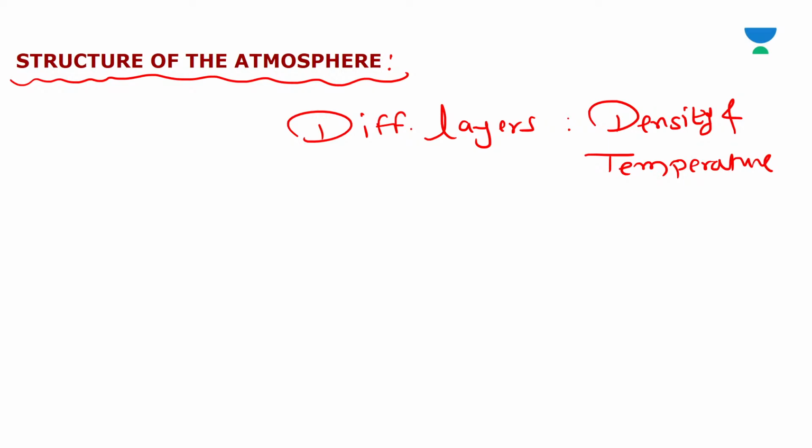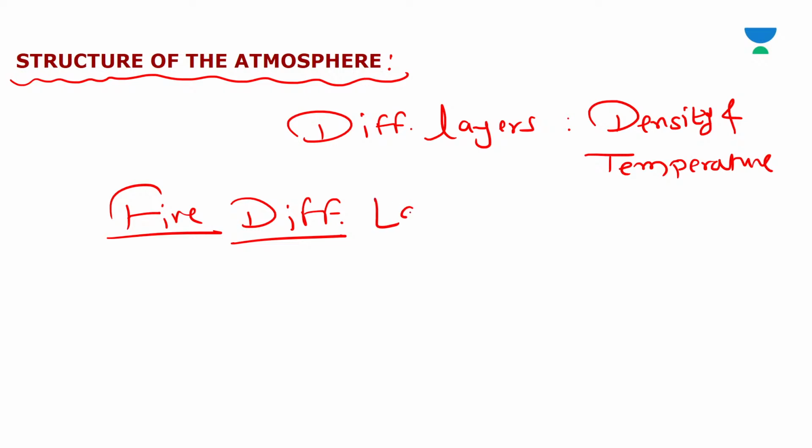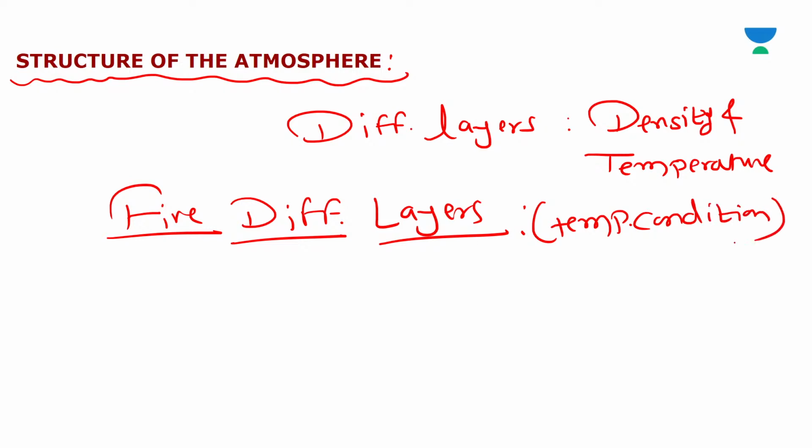So the column of atmosphere is divided into five different layers depending upon temperature condition.